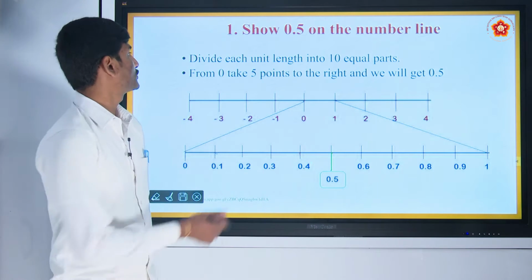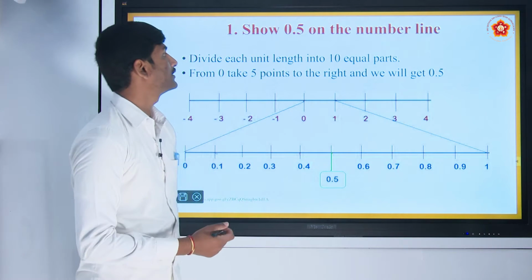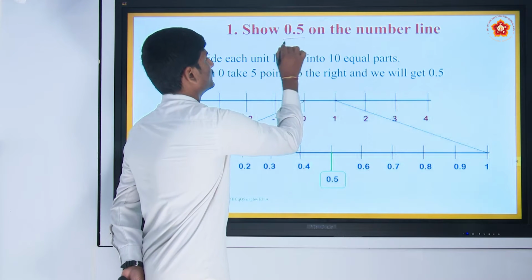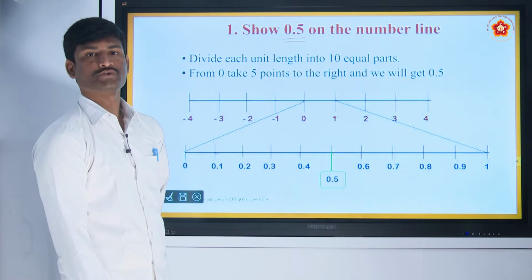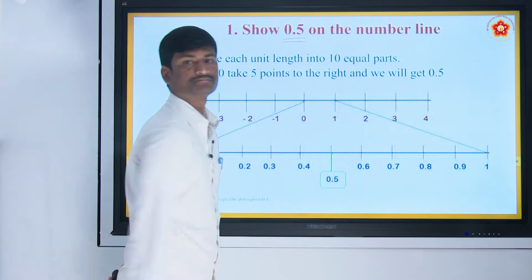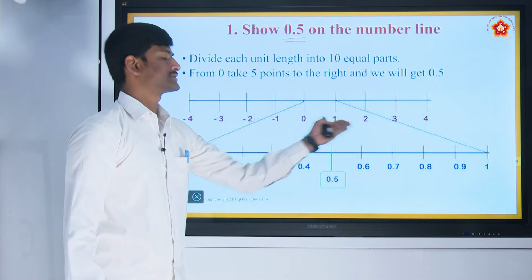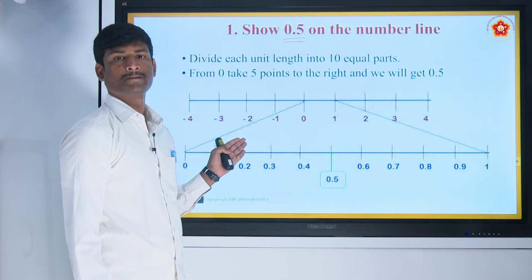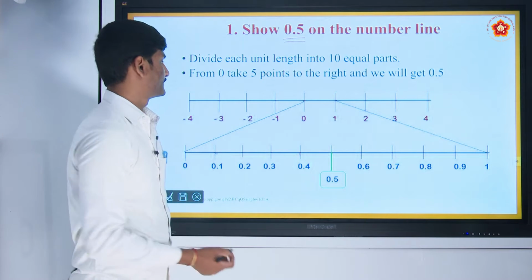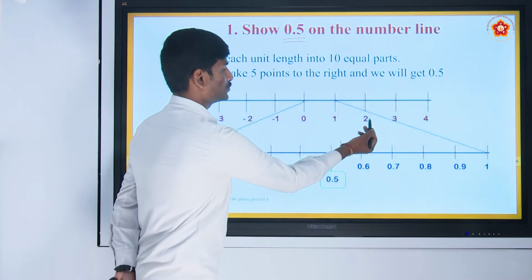First one, show 0.5 on the number line. First we draw a line and mark some numbers on it: 0, 1, 2, 3, 4.